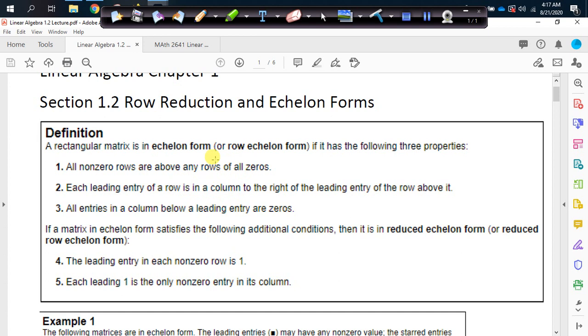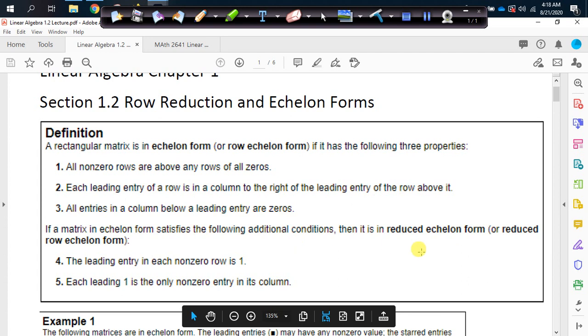Now that would be row echelon form, and if you get a matrix in row echelon form, you can use what's called back substitution to solve, like we did in the previous section. Now if a matrix is in echelon form and it also satisfies these two additional conditions, then it's in what's called reduced echelon form.